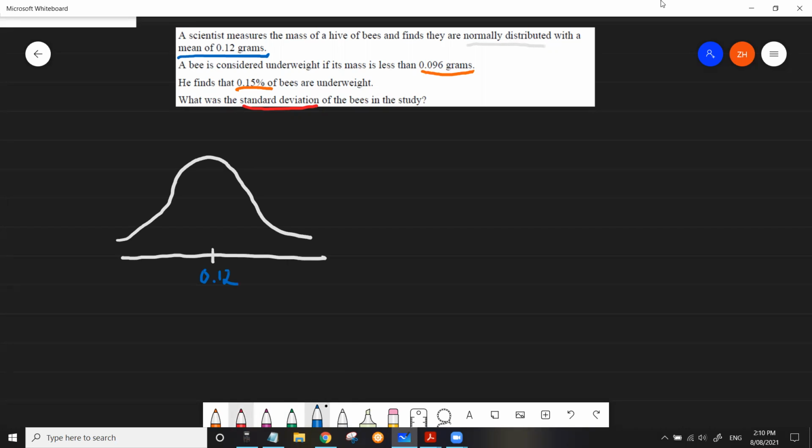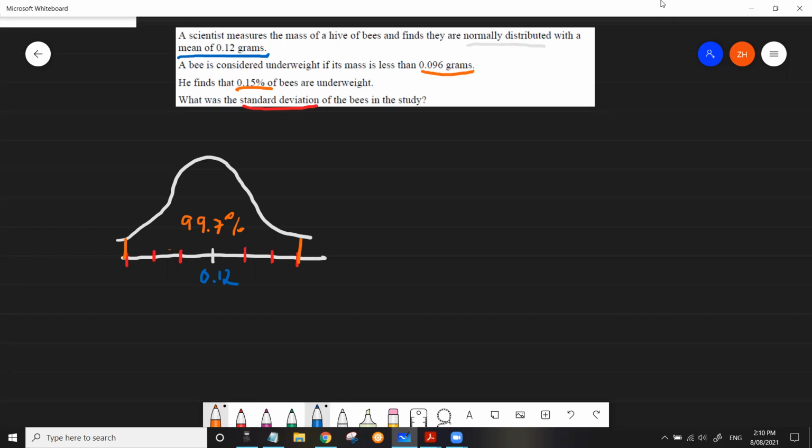Now, looking at our bell curve, I'm just going to pop our 3 standard deviations in both directions out here. And I'm looking at this 0.15%. So 0.15% are underweight, so they're going to be less than one of our values on here. We know that 99.7% sit in that middle section, 3 standard deviations out from the mean.